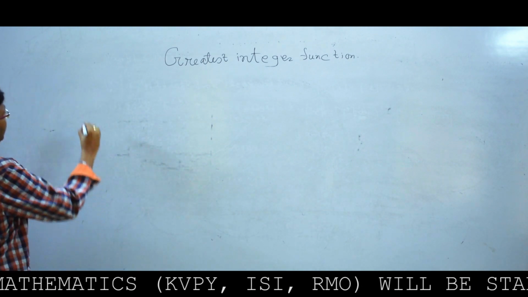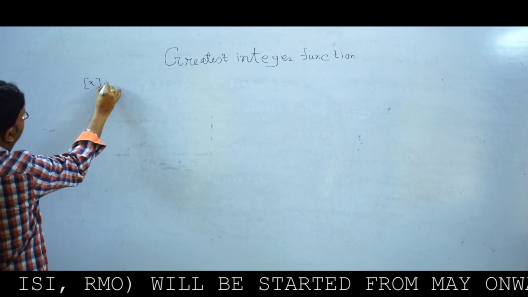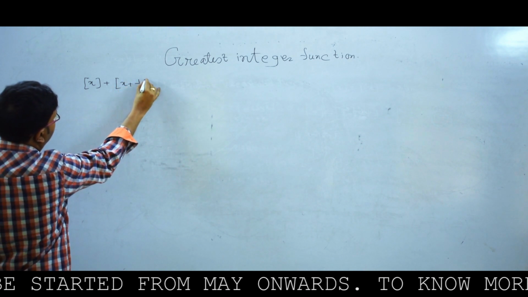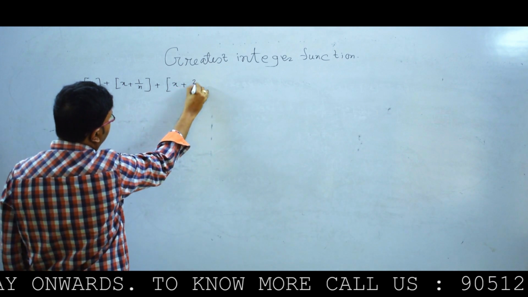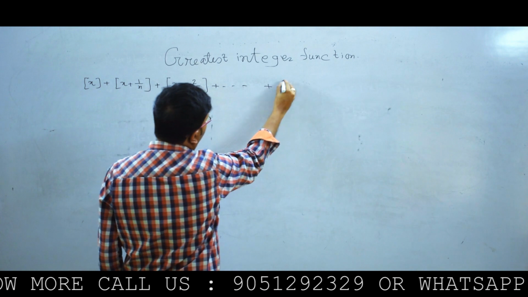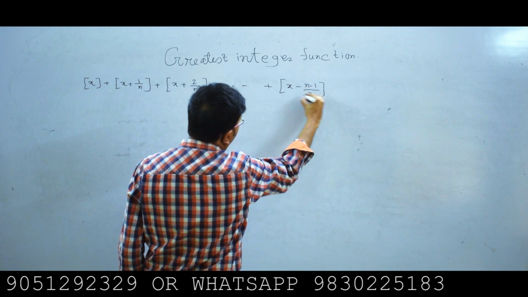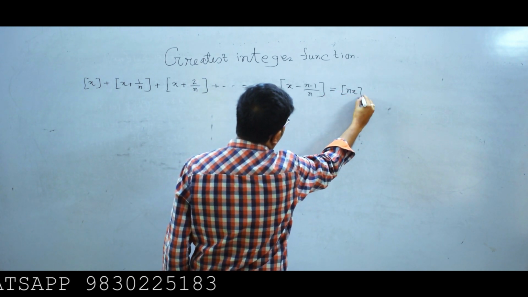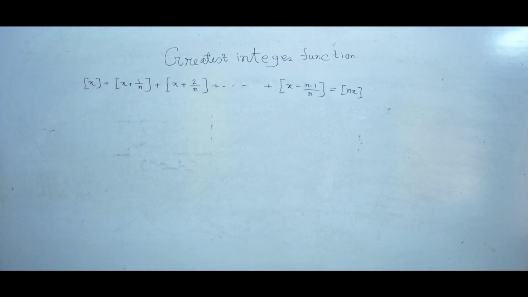There is an identity which is {x} + {x + 1/n} + {x + 2/n} and in that way up to {x + (n-1)/n} equal to {nx}. It is an identity where n must be a natural number.